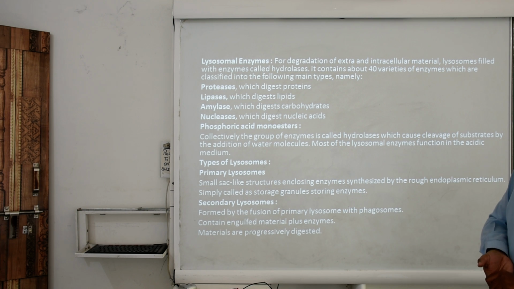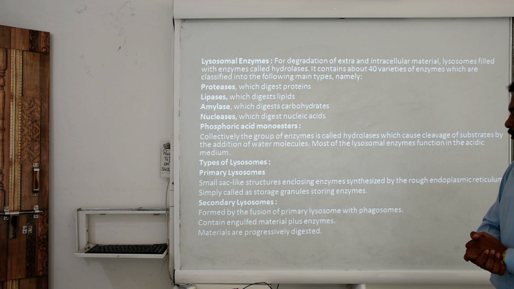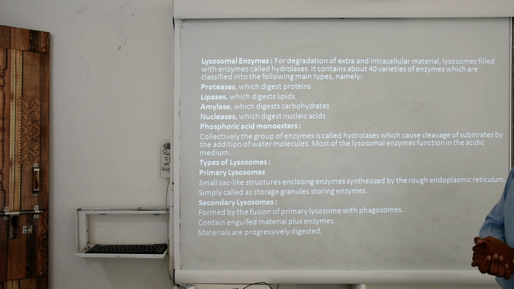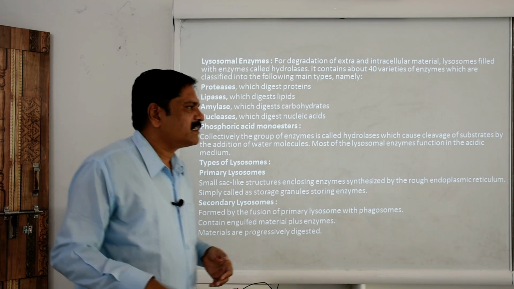Then the secondary lysosome is basically formed by the fusion of the primary lysosome, and they have the material and the enzymes, and these materials are further progressively digested inside it.